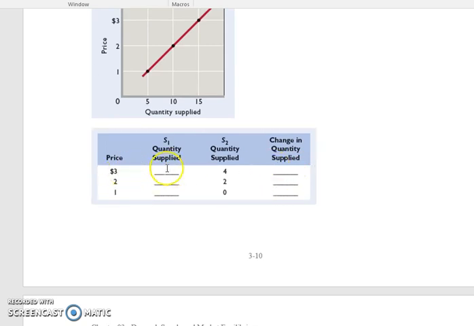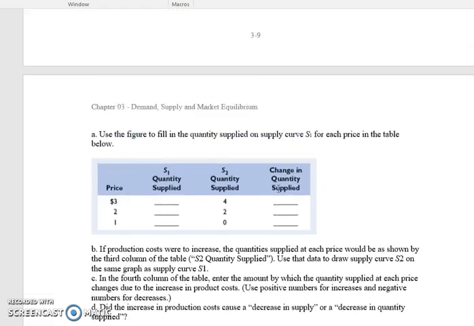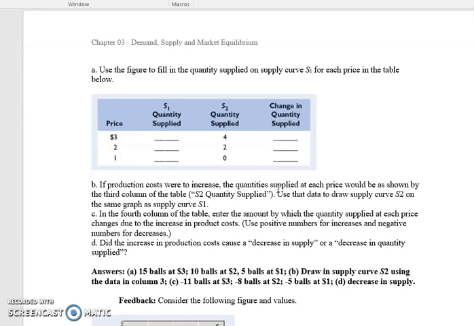When price is 3, before the supply was 15, now it is 4, so the change is 11. Then before, price was 2, supply was 10, now it is 8. Before, supply was 5, and now it is 0, so it is 5. So now we have done that.